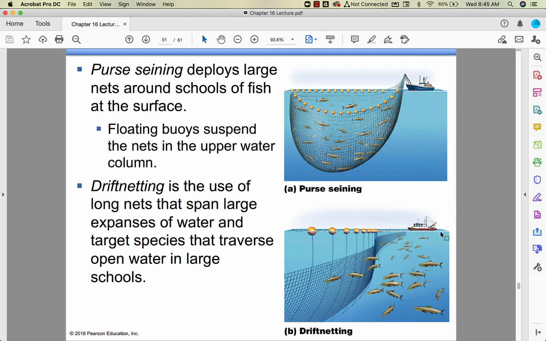It basically sucks up all the fish within the net. Drift netting sets out really long lines of net, and then they spin it around and suck it up, and you get bigger species of fish that tend to traverse open waters in big schools rather than smaller schools like in purse seining.